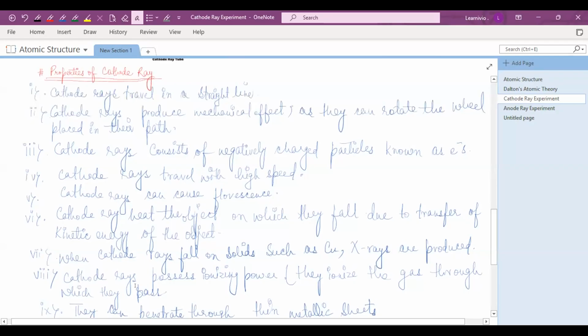Written? So these are the properties of cathode ray. From these, we can conclude that these cathode rays are a stream of electrons.